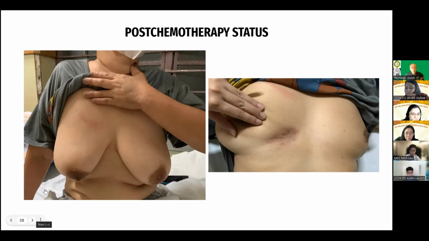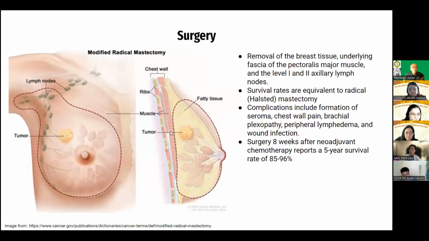Next slide. Okay, so for the surgery of the patient, to reiterate what Noreen and Joyby said earlier, the patient was stage 3B. Prior to chemotherapy, her staging was T4N1M0. Then post chemotherapy, her staging became T4N0M0.